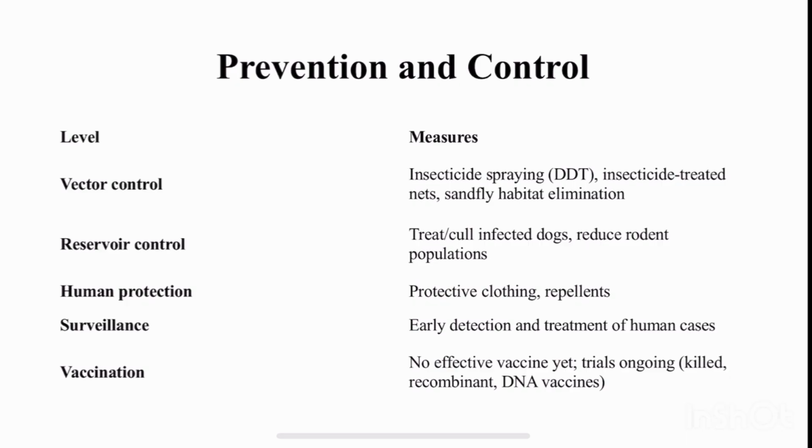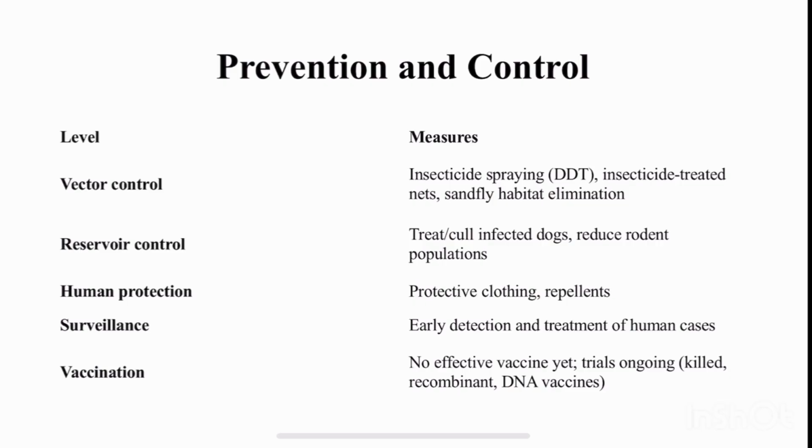Human protection: because this is caused by bites of the sand fly, and sand flies do not fly long distances, the sand fly mainly jumps. So that is why the sand fly cannot reach higher places, too much above the ground.